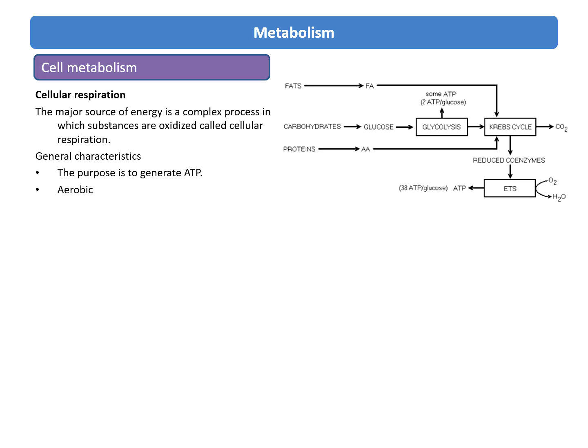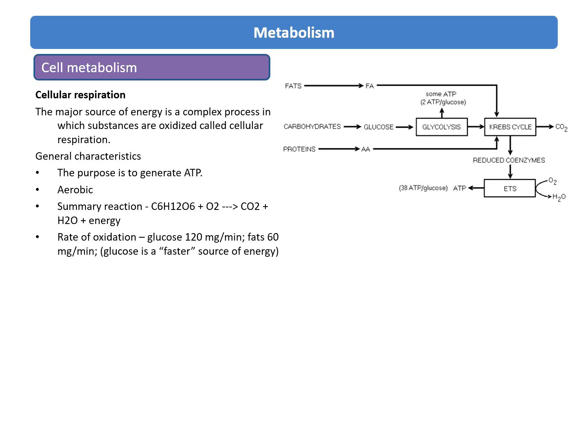It's an aerobic process, that is, it requires oxygen. A summary reaction of cellular respiration goes like this: C6H12O6 plus O2 gives CO2 plus H2O plus energy. That is, glucose plus oxygen gives carbon dioxide plus water plus energy in the form of ATP.